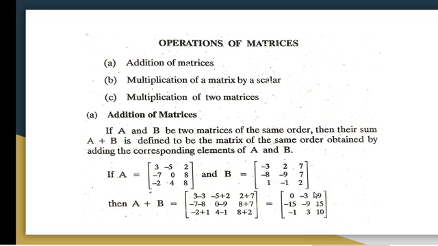Then 8 plus 2. So we are adding the elements in their corresponding places only. You cannot add elements in different places. That means you cannot add the first row first element with the third row first element. So this is the way of adding matrices, and we will get another matrix of the same order.